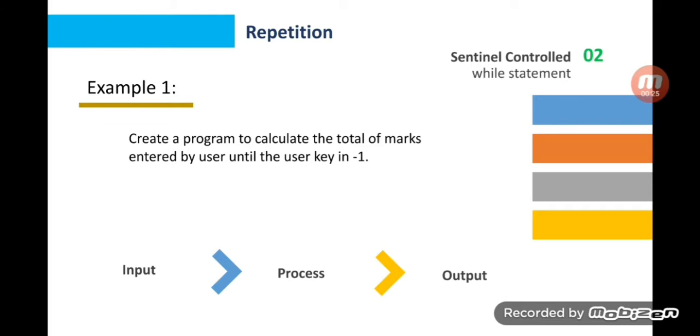So this program needs to do the repetition until the user key in -1, meaning that this program does not know how many repetitions it needs to do. As long as the user enters any number that is not -1, it will do the process.